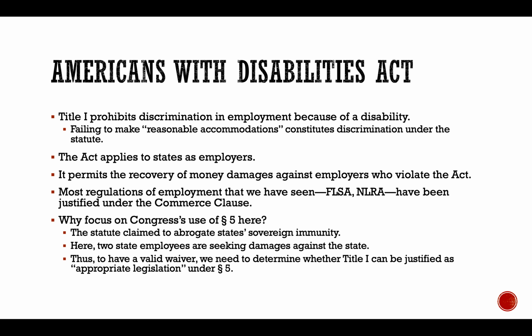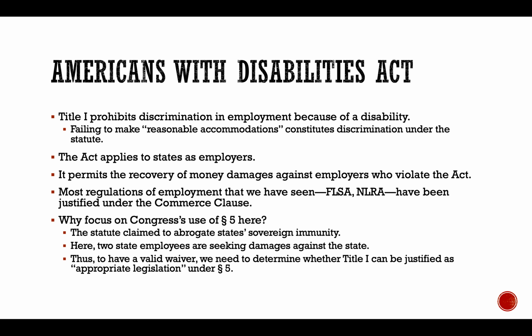And therefore, the question becomes, is this a valid Section 5 piece of legislation? Because as we know, if it was only an Article 1, Section 8, in other words, a Commerce Clause piece of legislation, then the waiver of sovereign immunity would be no good, and the source of authority for that would be the Seminole Tribe case.